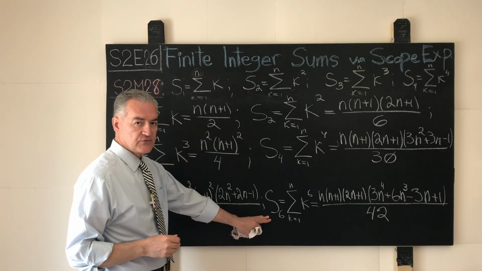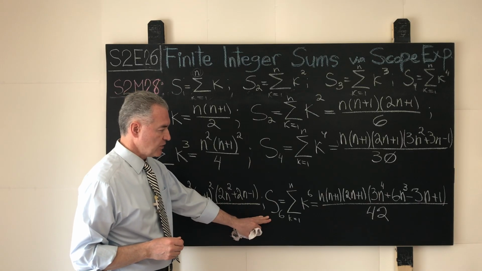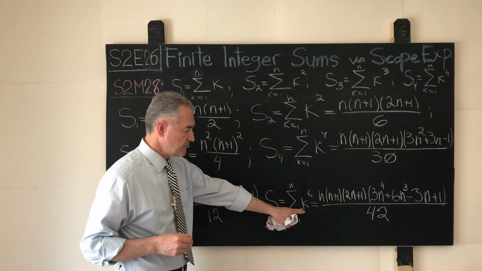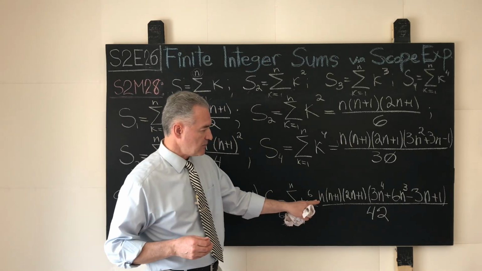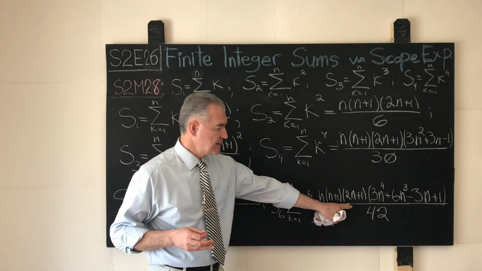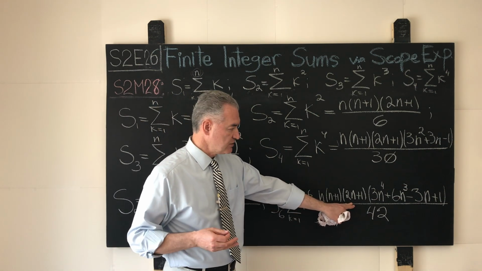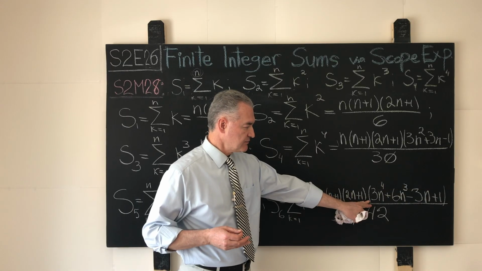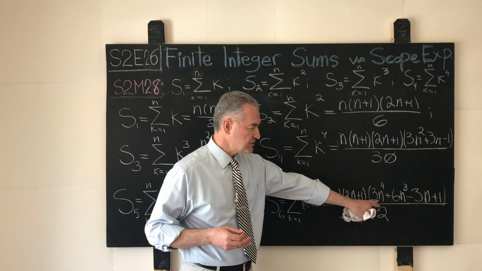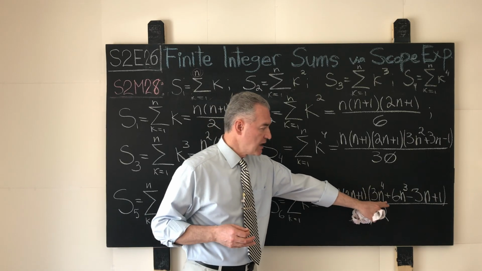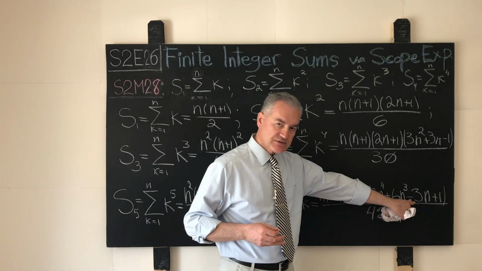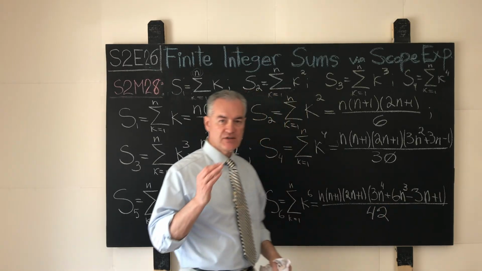For the finite sum S6, we have the following expression. The sixth powers of consecutive positive whole numbers 1, 2, 3, and so on come out to, again, n times n plus 1 times 2n plus 1 in the numerator, times this mighty fourth degree polynomial, 3 times n raised to the fourth power plus 6n raised to the third power minus 3n plus 1, that's in the numerator.